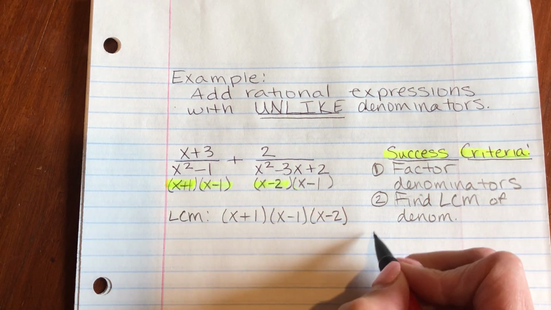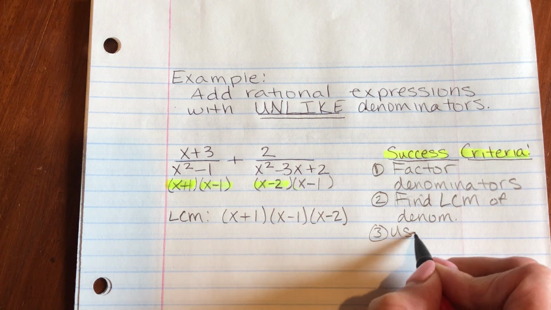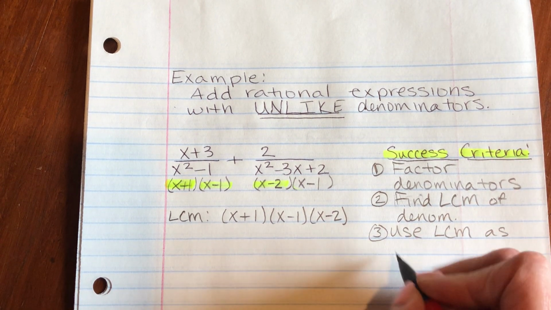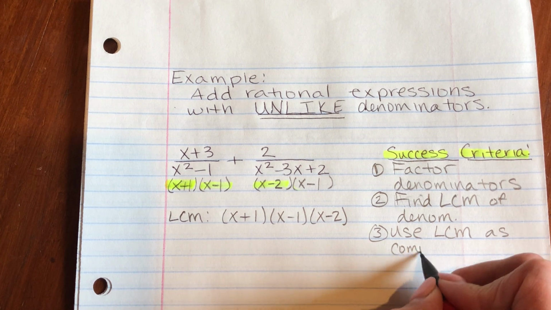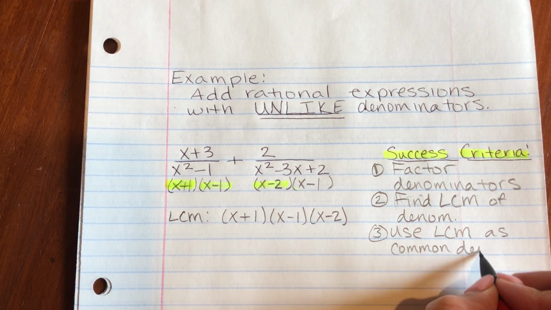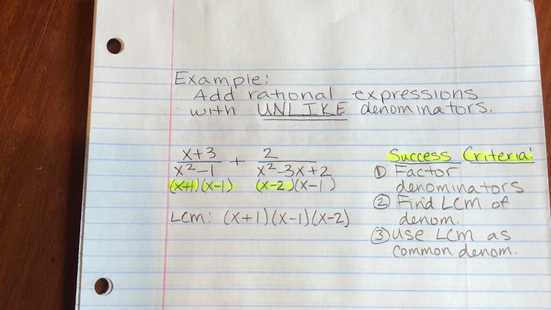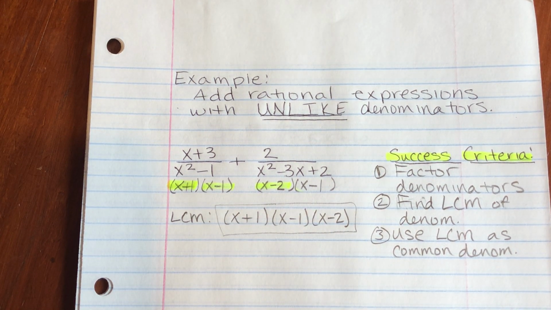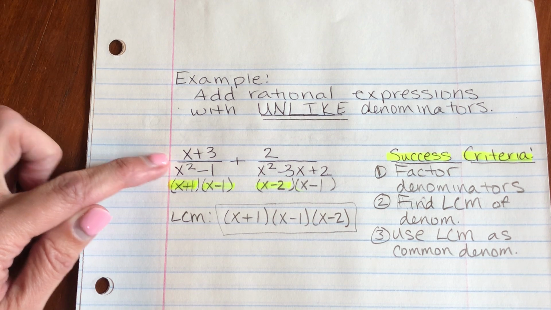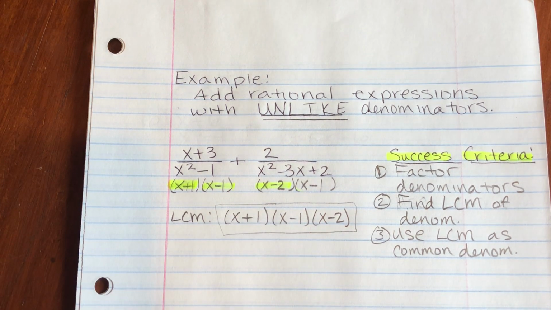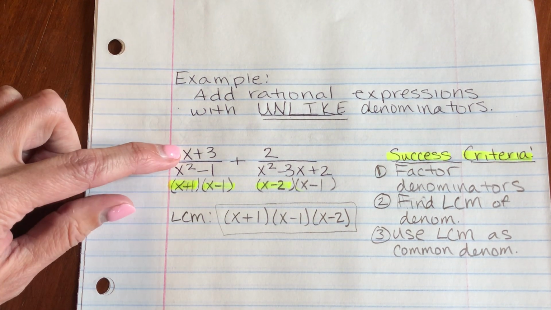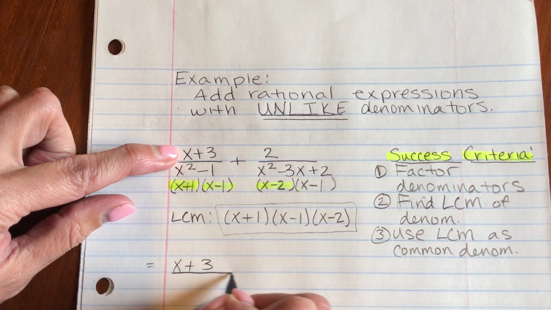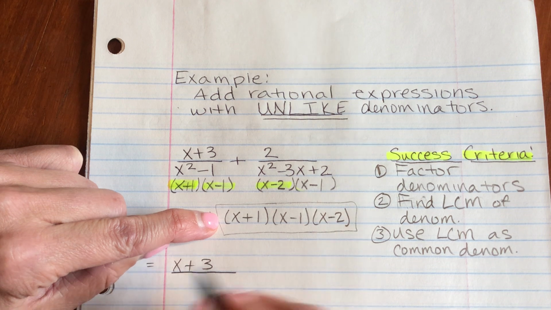Now I'm going to use that LCM as our common denominator. So this right here becomes our new denominator. So I'm going to rewrite the problem with the LCM as my new denominator. So I'm going to do x plus 3 over the LCM.